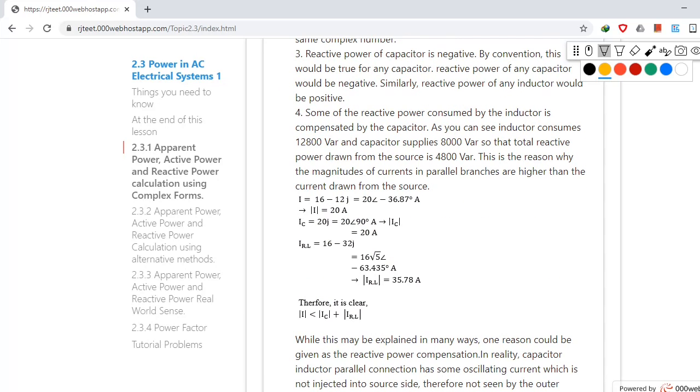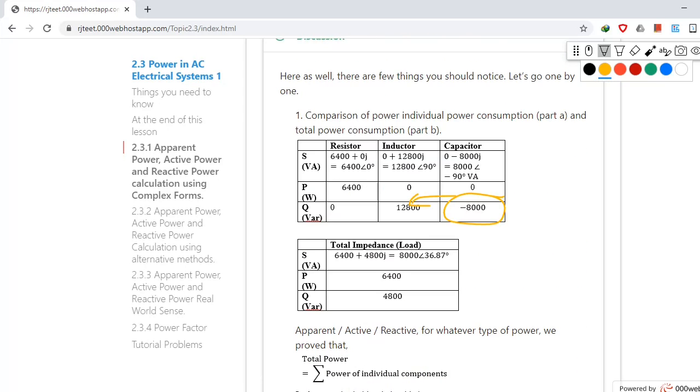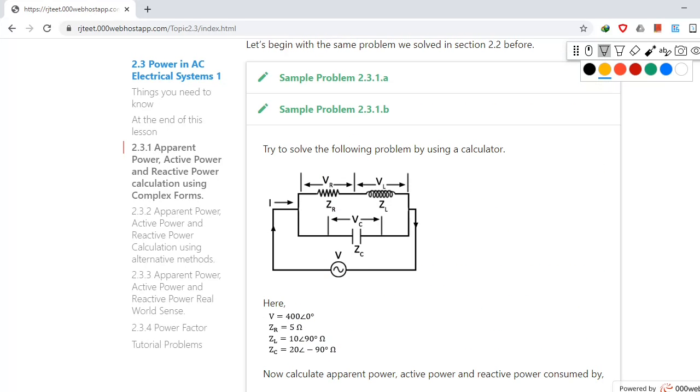And again, if you consider the current, this causes a significant current change in the branches.